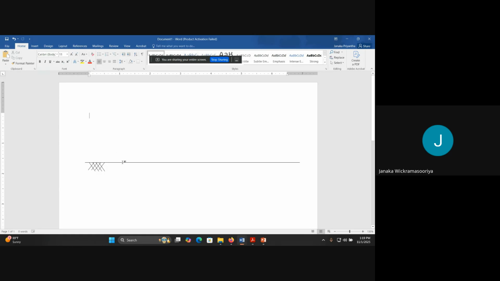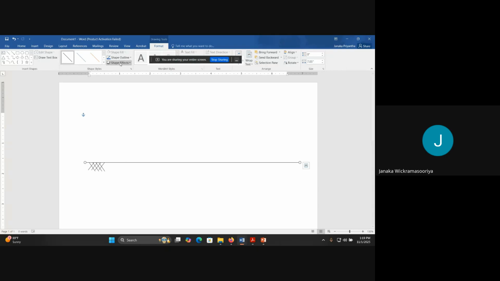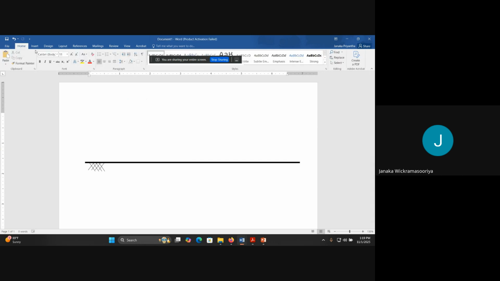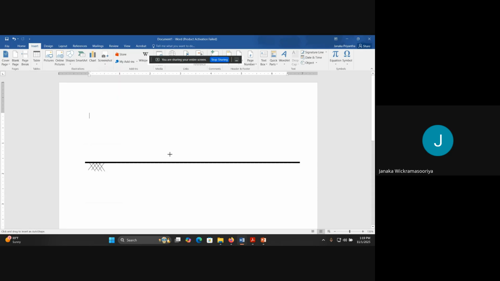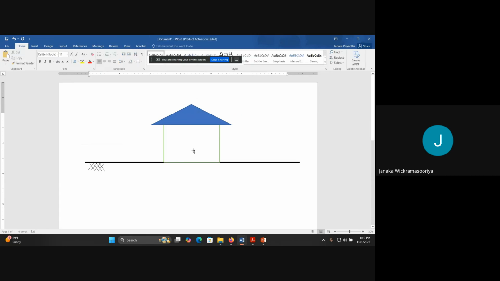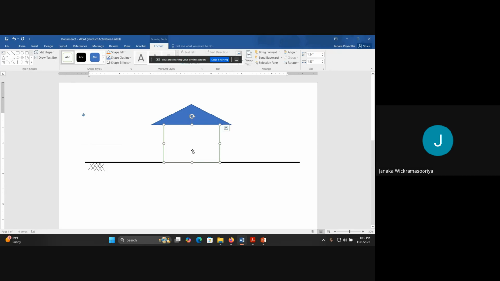Now you are going to construct a house or a building here on top of this, right? Now you are going to construct this kind of a thing. Now before construction of this, we will have to design the foundations, right?